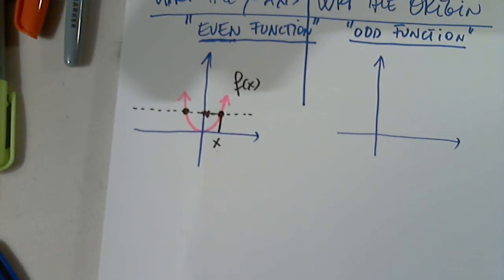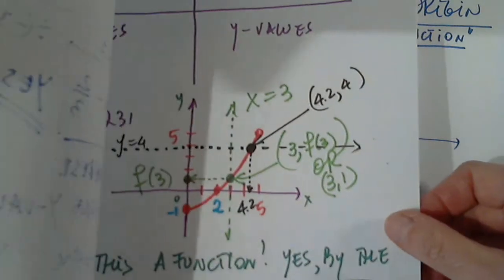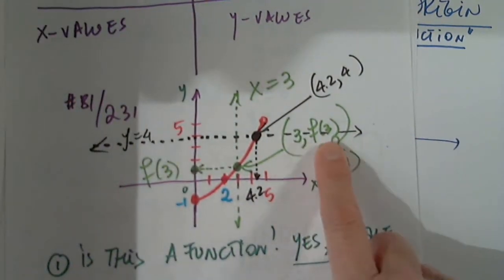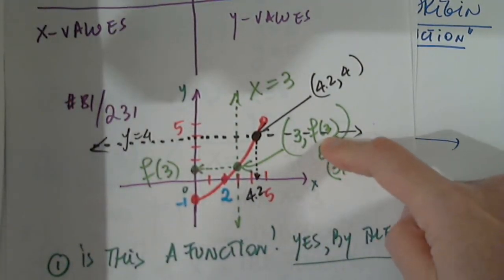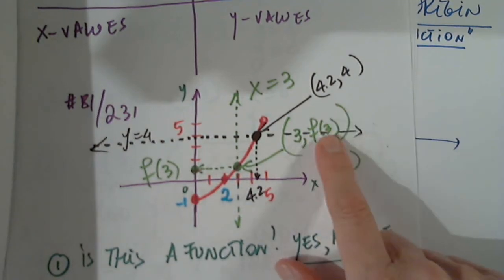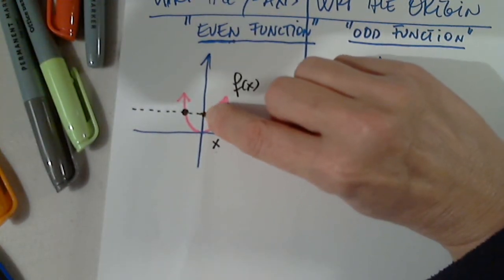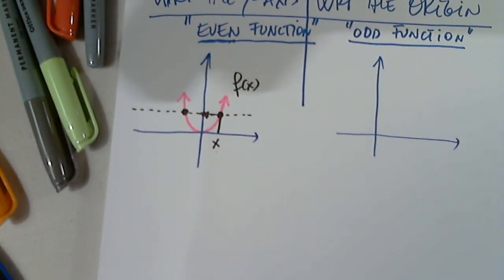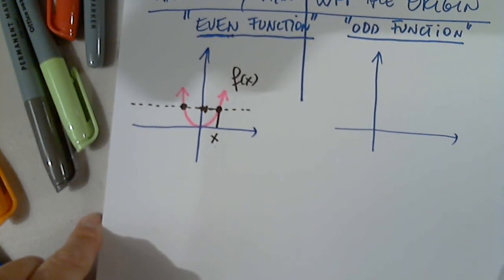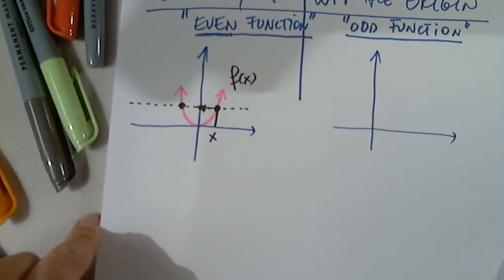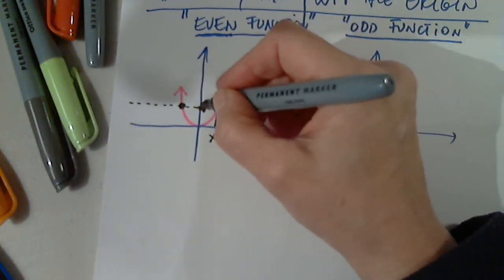We wrote it last time several times: 3 comma f of 3. So if this is x, how much is this? Anyone? Can anyone help? So this is f of x.